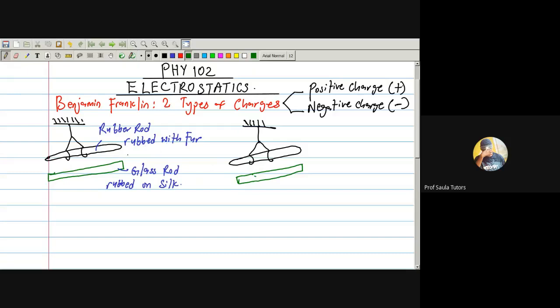Now, if you take this glass rod that has been rubbed on silk closer to this rubber rod that has been rubbed with fur, what do you observe? You observe a force of attraction between them.